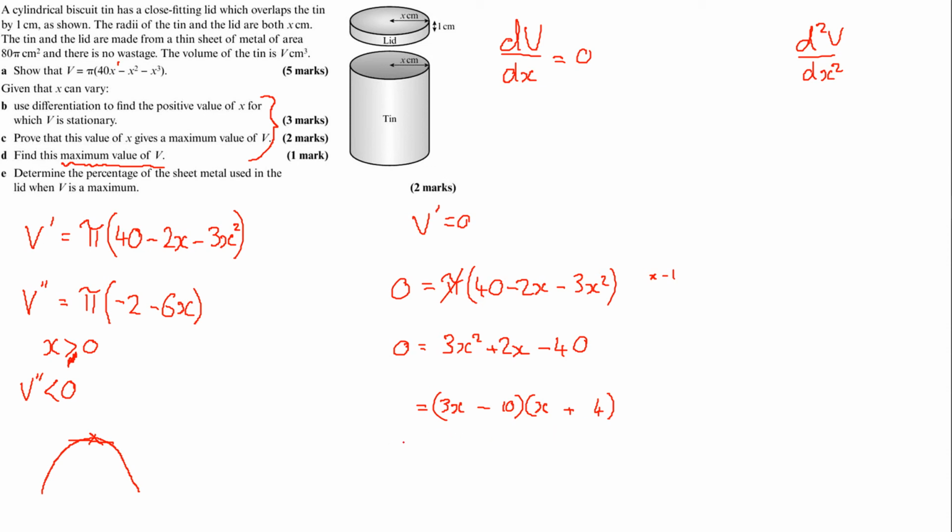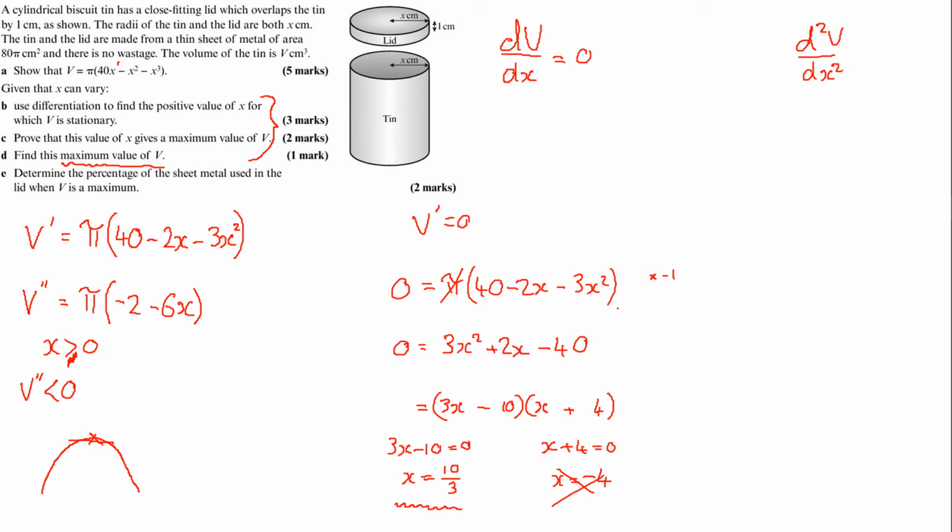Therefore, you have two solutions. You have 3x minus 10 equals 0, or x is equal to 10 on 3, or you have x plus 4 equals 0, so x equals negative 4. Can't have a negative value because we're of a dimension, so therefore your only answer is x is equal to 10 on 3.